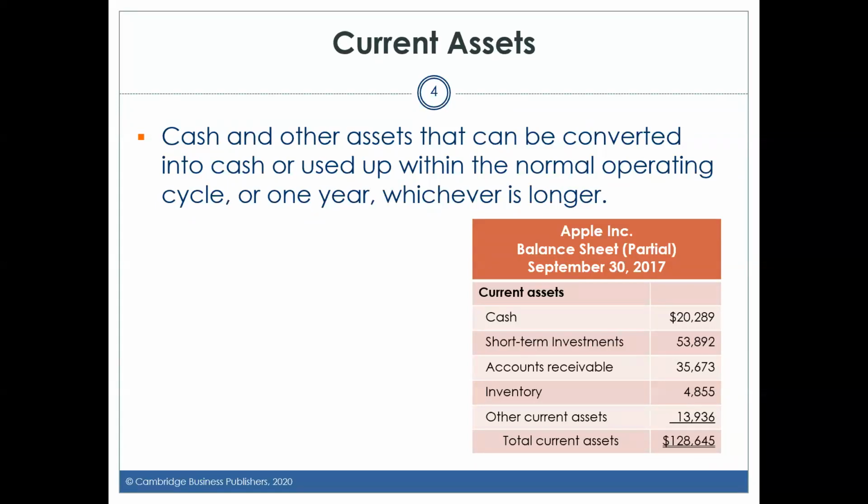For most companies, hopefully that's less than a year, else you're not very good as a company. So usually a year is longer than the normal operating cycle. But for some rare companies, maybe the normal operating cycle is more than a year, in which case the definition of a current asset would be cash and other assets that can be converted into cash or used up within the normal operating cycle. But usually a year is the longer of the two, so we'll just use a year.